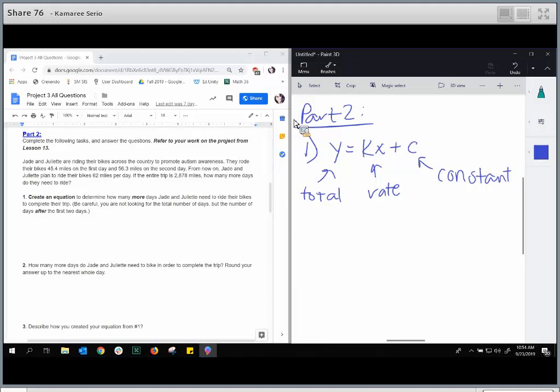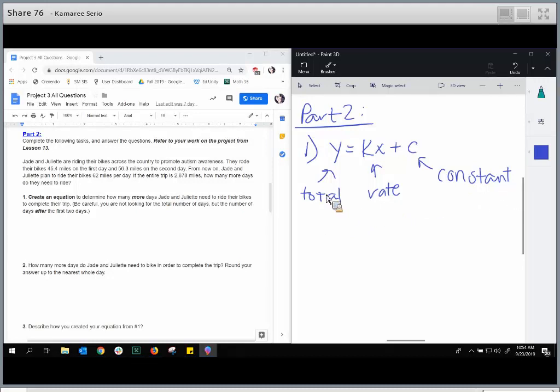So when we are given this description here, it says that they rode their bikes 45.4 miles on the first day and 56.3 miles on the second day. Then it says that they plan to ride their bikes 62 miles per day, and the entire trip is 7,878 miles. So given all of these numbers, we need to figure out which one's the total, which one's the rate, and what is the constant.